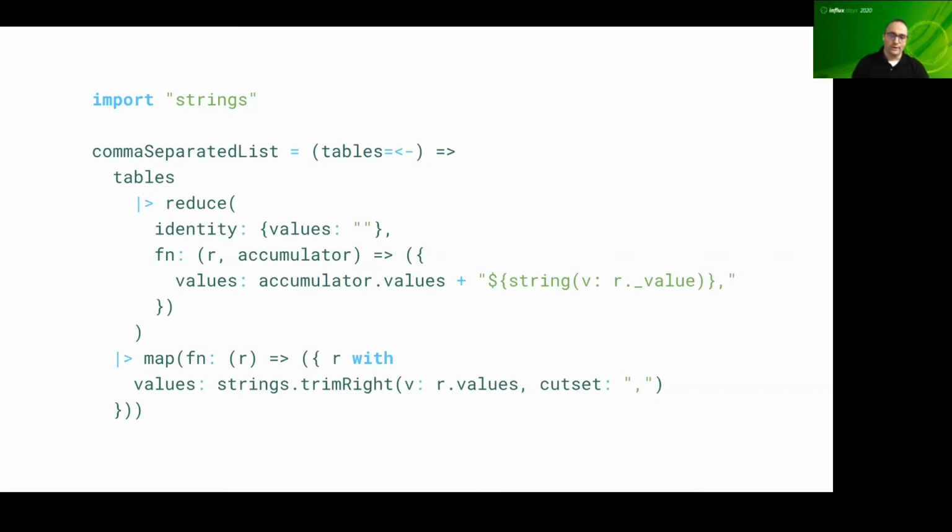The only catch here is the final output is going to have a comma on the end of it that I don't necessarily want. So I'm using map to go over that row, and I use the strings.trimRight function to remove that last comma from the comma separated list.